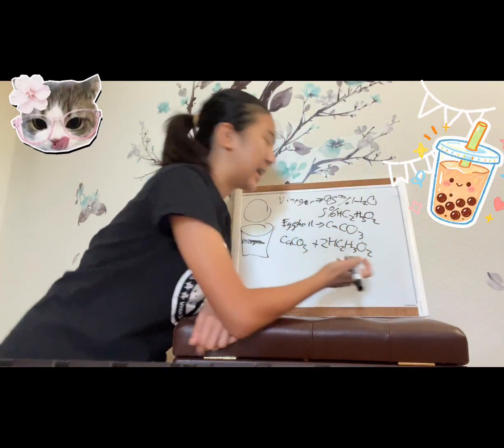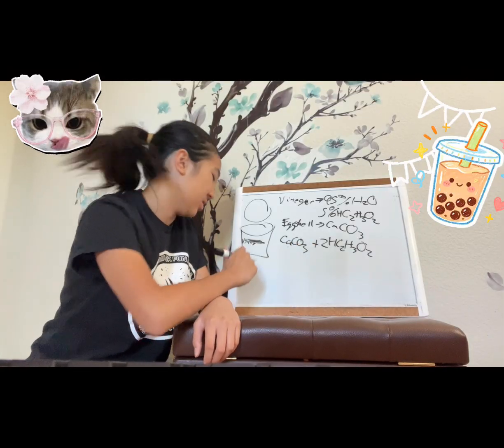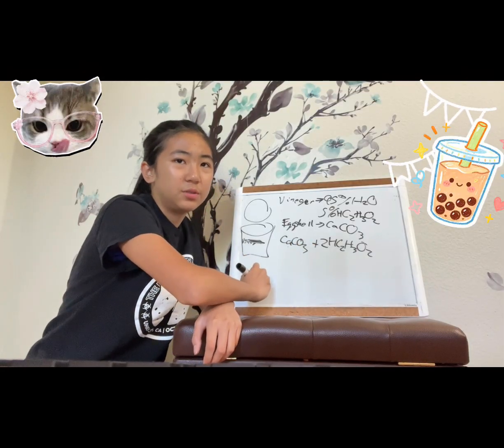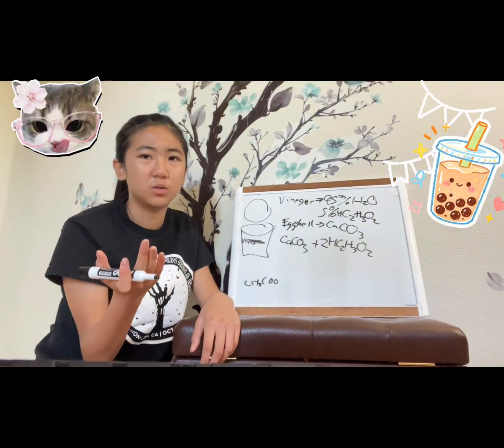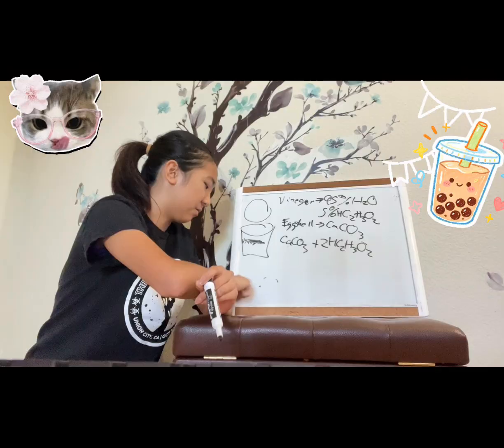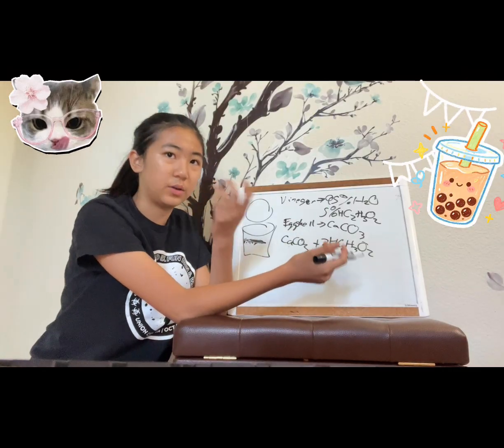Acetic acid also has another way of writing it, CH3COO. I don't know why anyone would use that, it's just confusing and looks weird. So I use this. Both are technically correct, but who cares?